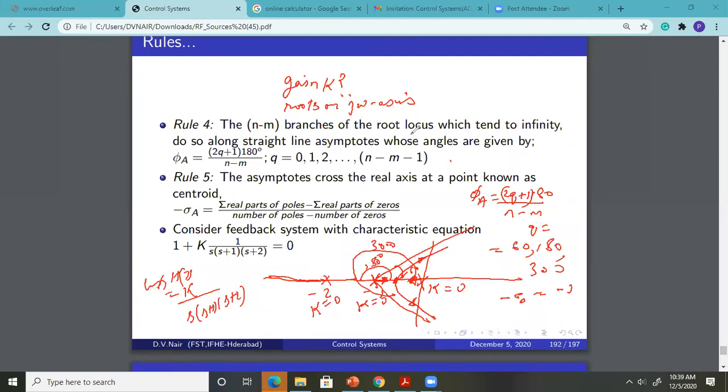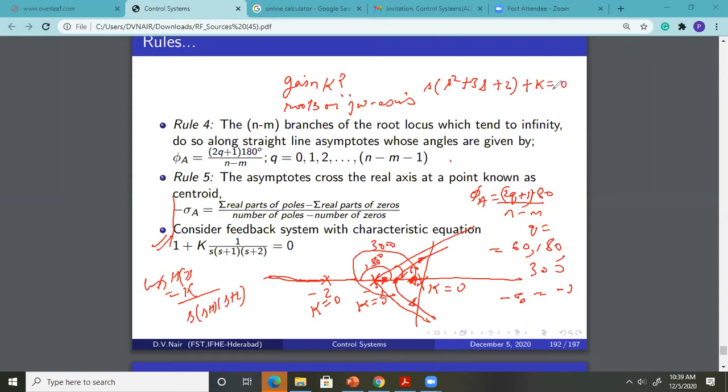So let us set ourselves to find the Routh's table for this system. It's a unity feedback system whose characteristic equation is directly given to you. For Routh-Hurwitz criteria we require the characteristic equation, which is already available. When we simplify it, we get s into (s square plus 3s plus 2), plus K equal to 0.